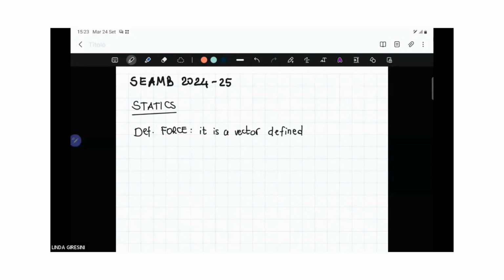The first one, I would say they are all important, but the most important one is the magnitude. Then the second one is the direction. And the third one is the point of application.